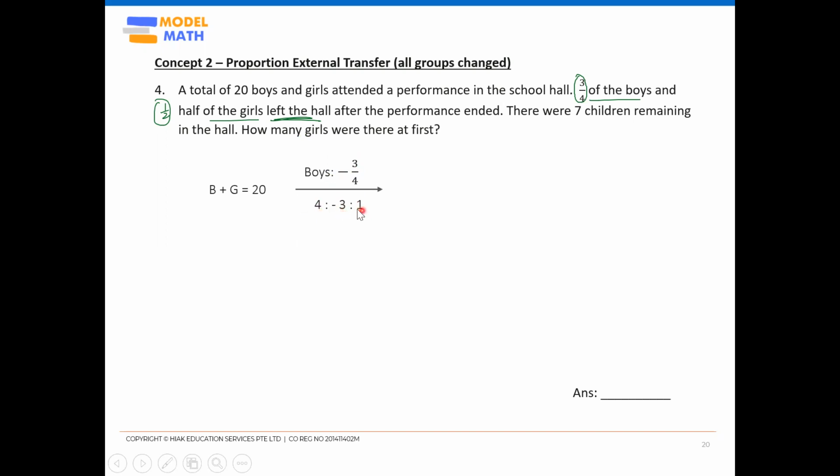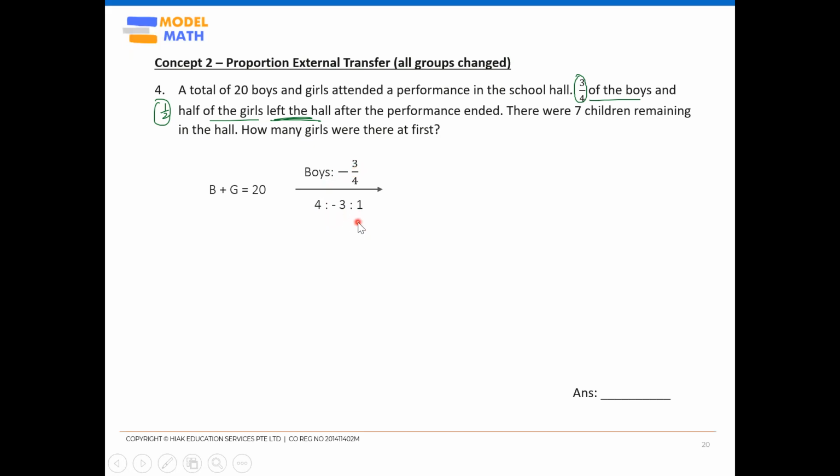The after will be 1, because 4 minus 3 leaves 1 unit. It's basically understanding the significance of numerator and denominator. If you understand that the 4 refers to the boys at first, you can pen it down in your ratio. The -3 is those who left the hall, that will be your change. After that, you just need to do the subtraction.